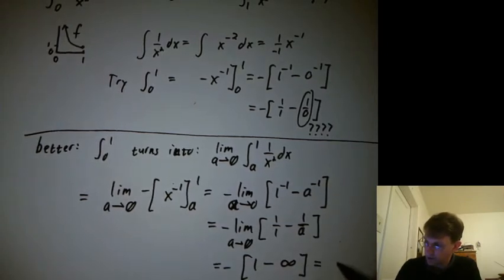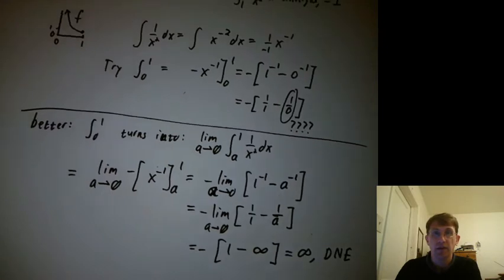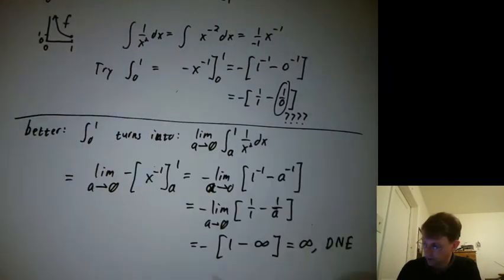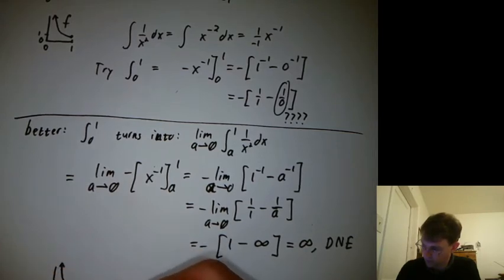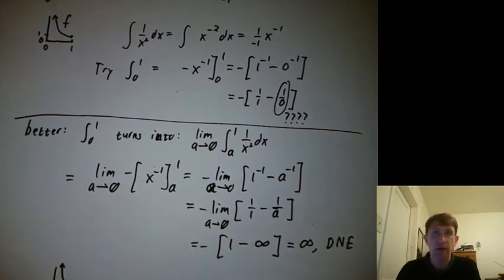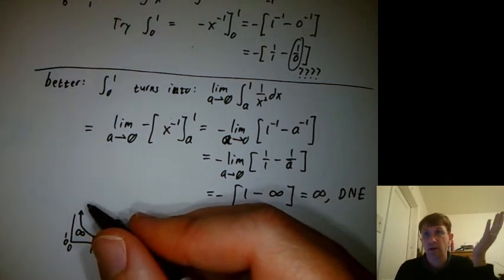So that whole thing is going to give you infinity, which means the limit does not exist. So the area under this curve is infinite, which kind of makes sense because this function is zooming off to infinity, right?